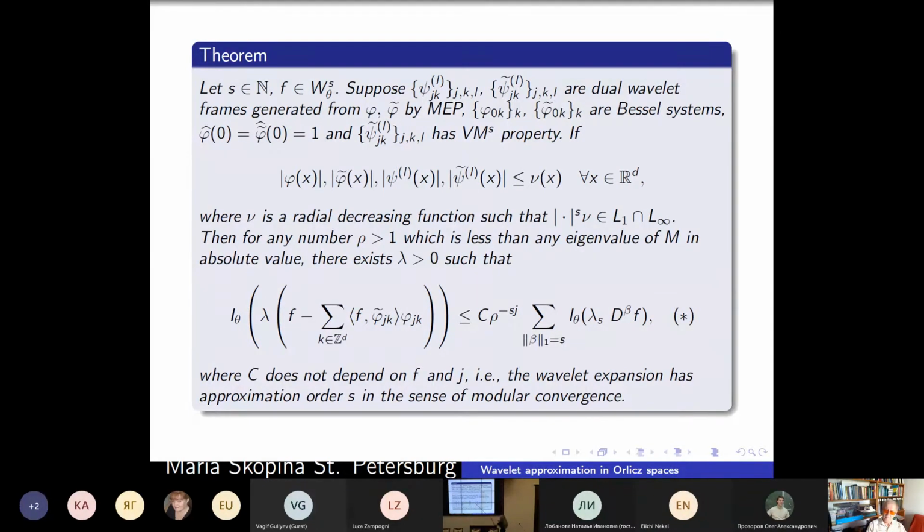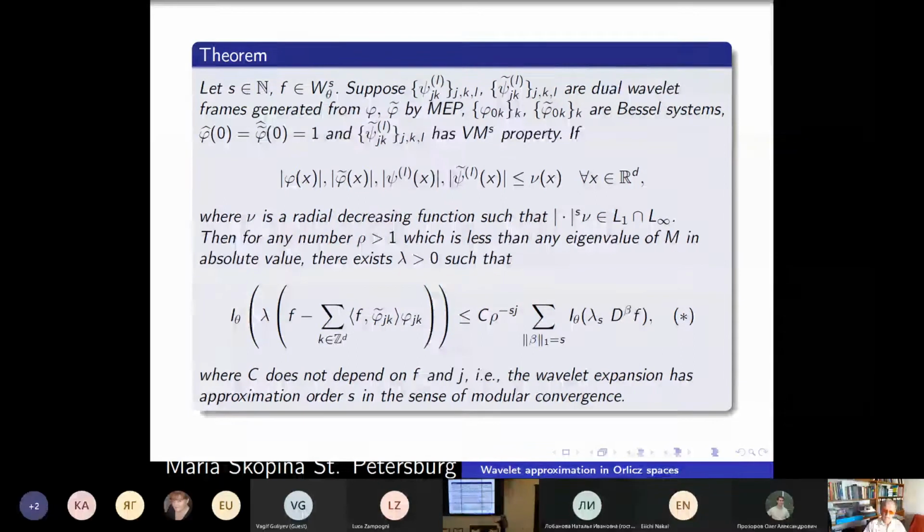Where nu is a radial decreasing function and such, like this, then we have this inequality. We see this approximation of order S, and what is rho?